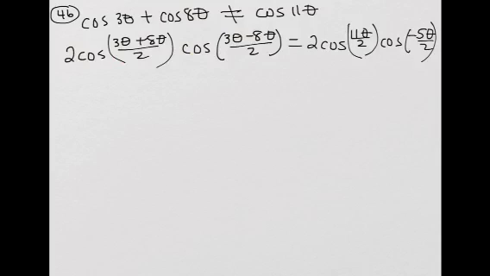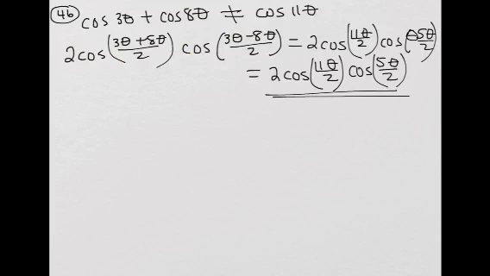Now for cosine, that negative doesn't go to the front, because remember, with the even odd properties, cosine of negative theta equals cosine of theta. They have the same value. So that negative just disappears. You're not supposed to leave the negatives in the angles like that. You have to use the even odd properties to simplify. So that's the final answer.